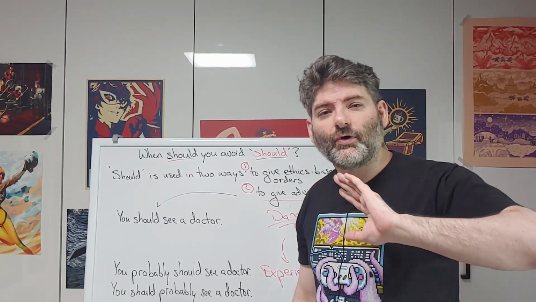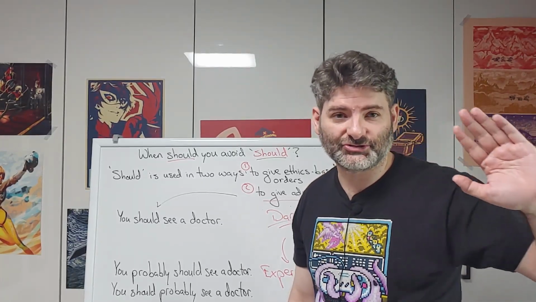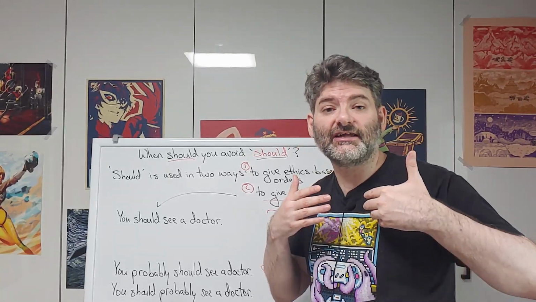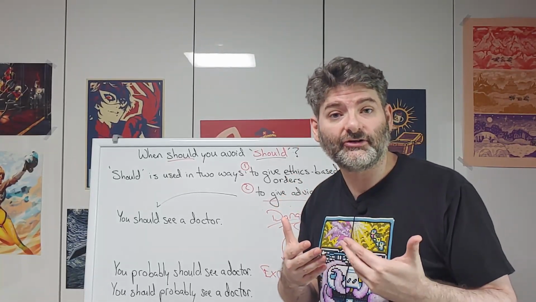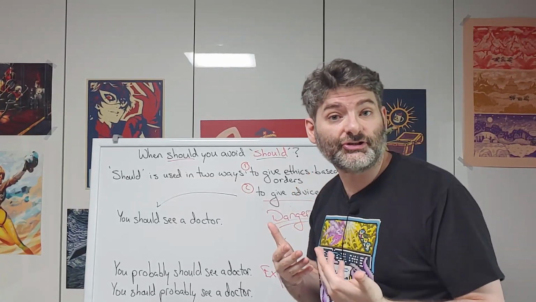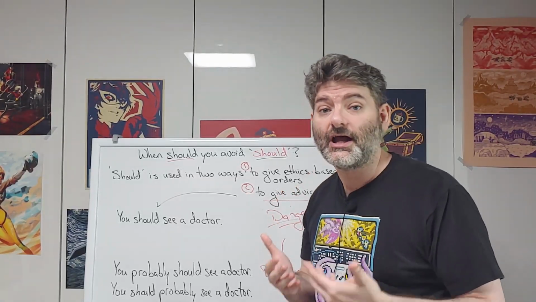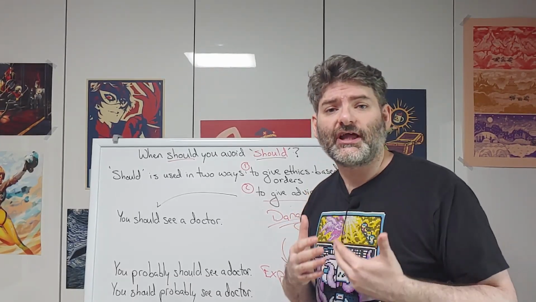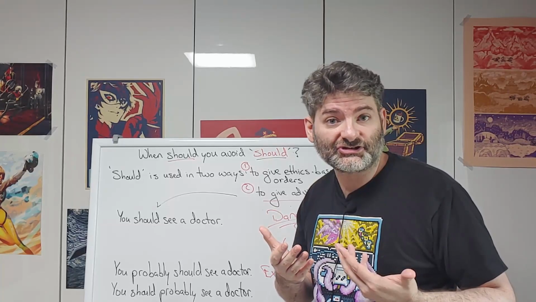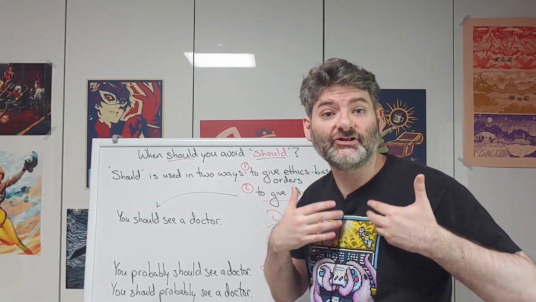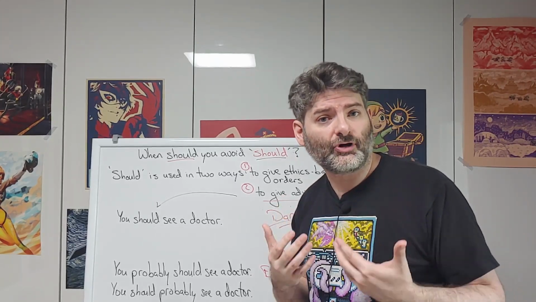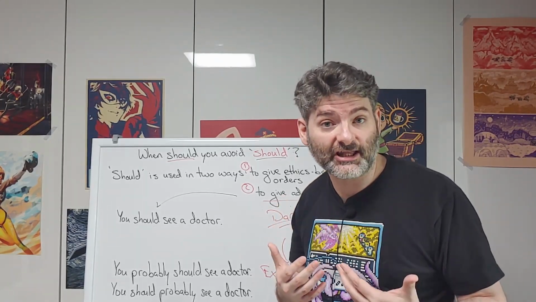So let's not worry about ethically based orders right now, because what happens a lot in textbooks is that the second way gets taught, using should to give advice. However, it's not taught particularly well. So what happens is, English language learners tend to use this a lot, and there's actually an extra process there that the books don't explain.